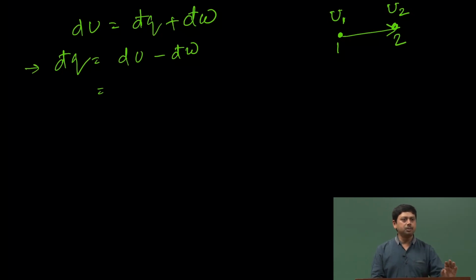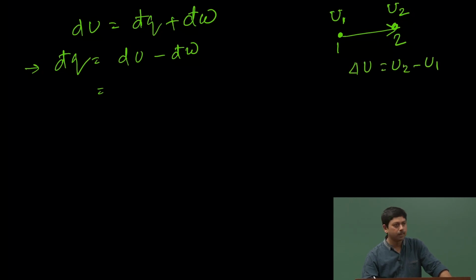There is a difference between when we write d versus delta. When you write delta, it signifies we are talking between final and initial one. For example, delta U is U2 minus U1. However, dU, when we write, we are talking about an arbitrary infinitesimal change. That is the notation that we are going to use in thermodynamics.